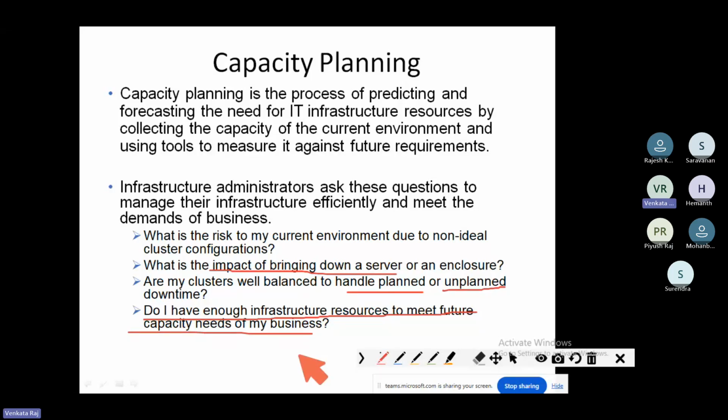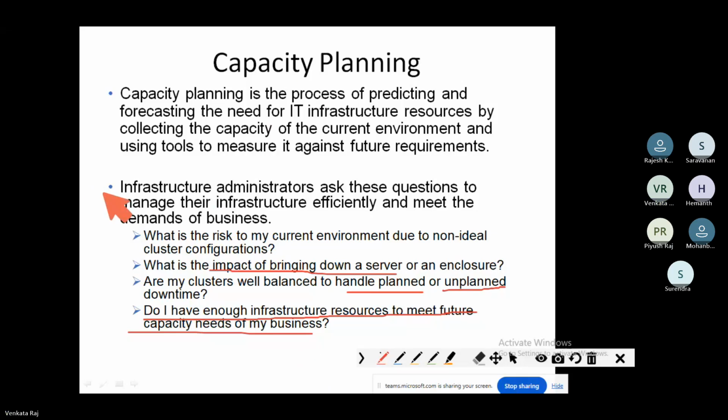As I told you, guys, every business wants to grow. Every business will have more customers in the future. So whatever infrastructure I'm using, whatever resources I have, are those resources having the correct capacity to meet my future requirements also?